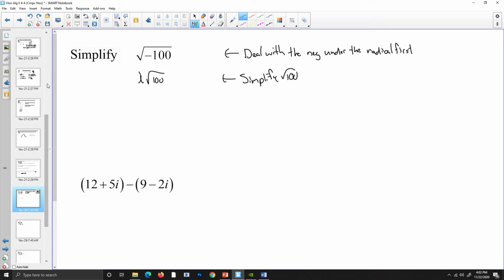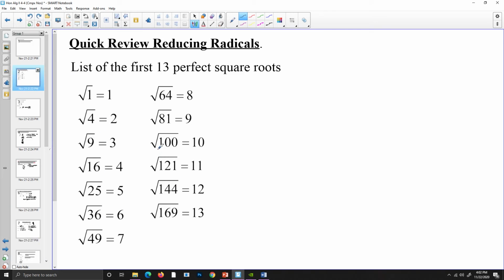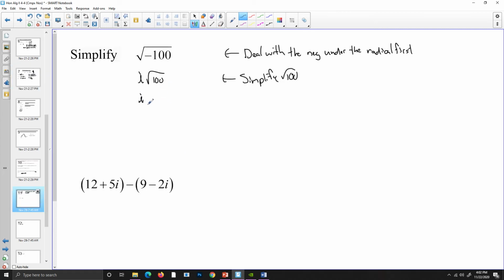We know from our list at the beginning of this lesson that 100 is a perfect square. It is 10. And we can say that this is i times 10. Now, technically this is okay, but proper form has the i last. So we'll call this 10i.